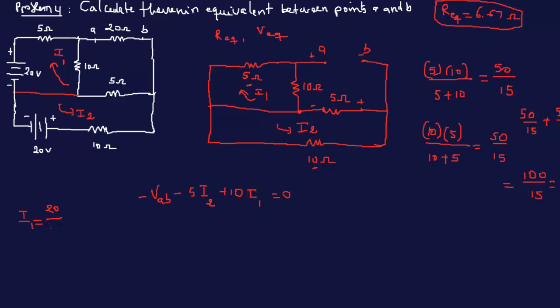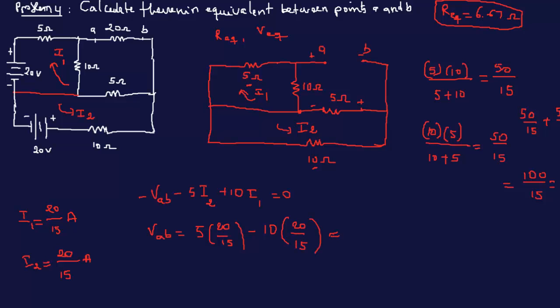And I2, what's I2? I2 is also 20 over 15. Okay. So all we need to do is just replace them and find VAB. So VAB is eventually 5I2, 5 times 20 over 15, minus 10 times 20 over 15.